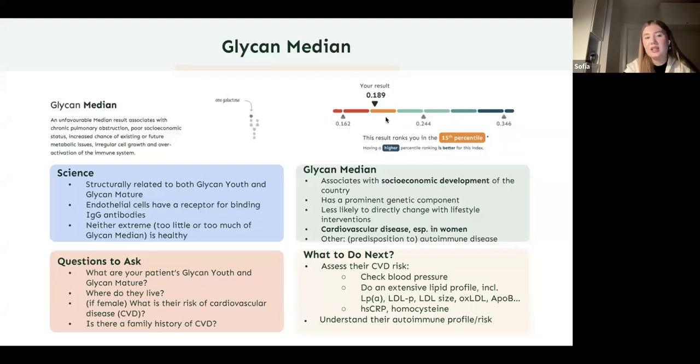Because as you see, it only has one galactose. So it's structurally related both to the glycan youth, but also the glycan mature.